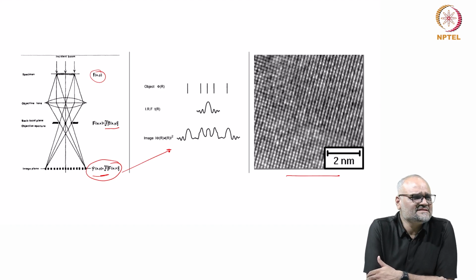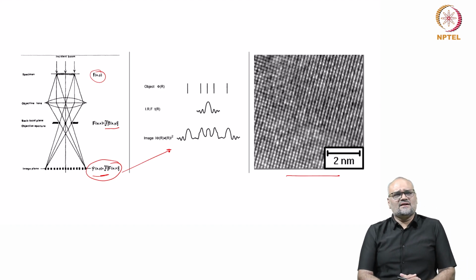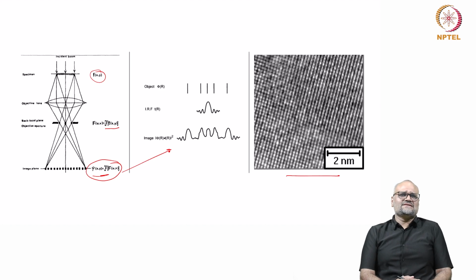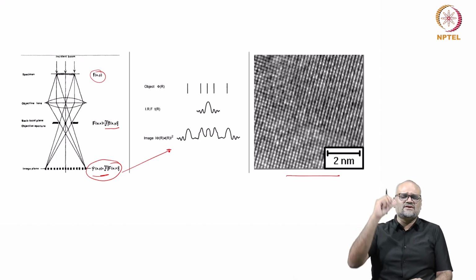So the main message is high resolution electron micrographs are actually not really direct images of the atoms. That is why, when people compare HR-TEM versus HR-STEM, you would say that in HR-STEM you can actually get the exact position of the atom.